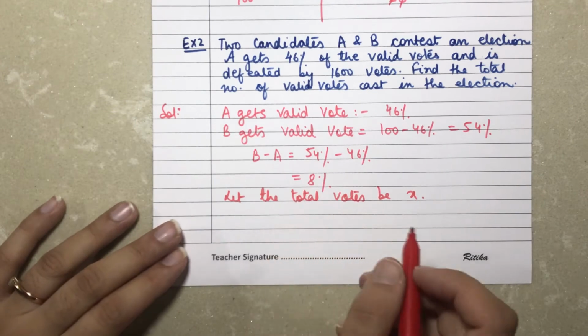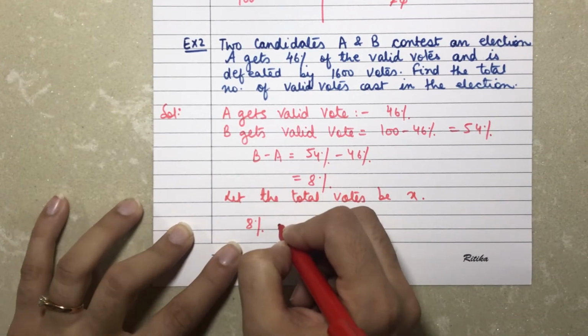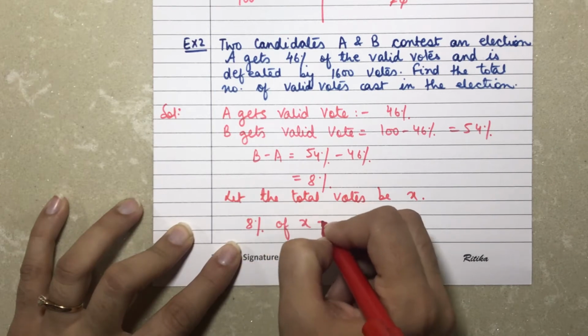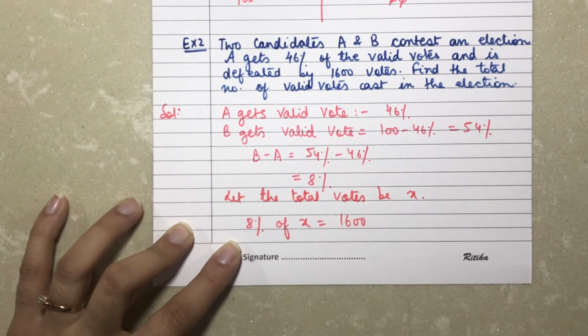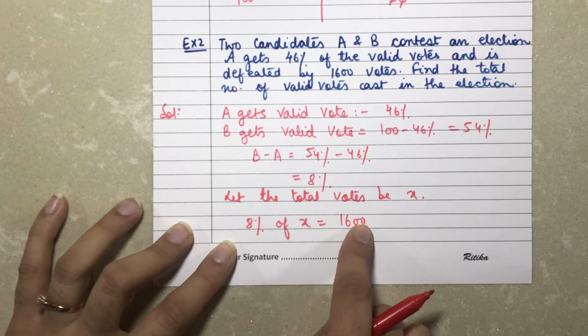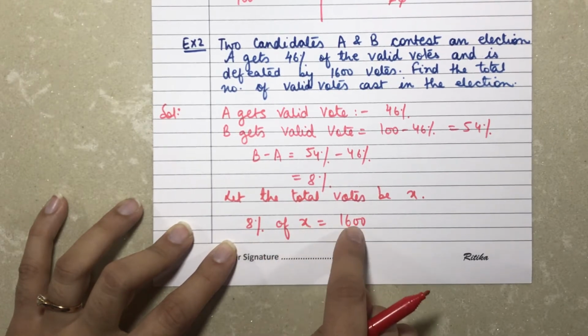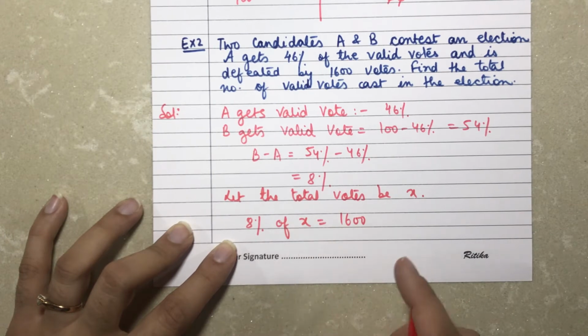I now know that 8% of the total votes is 1600. This is the vote margin by which A got defeated. So if 8% of x is 1600, I can find the value of x.